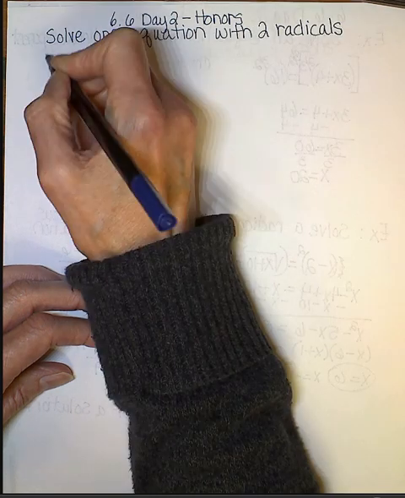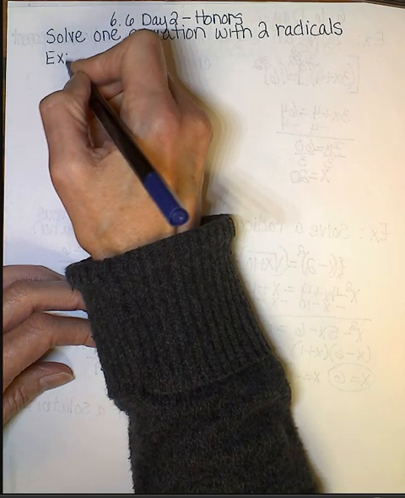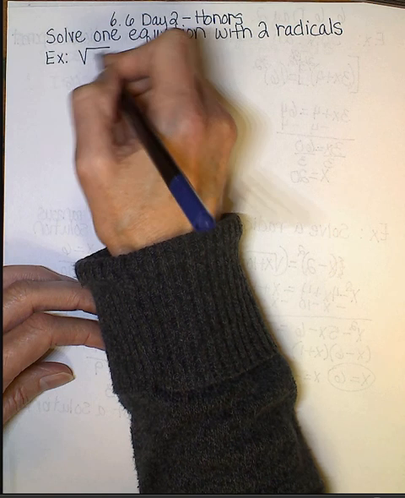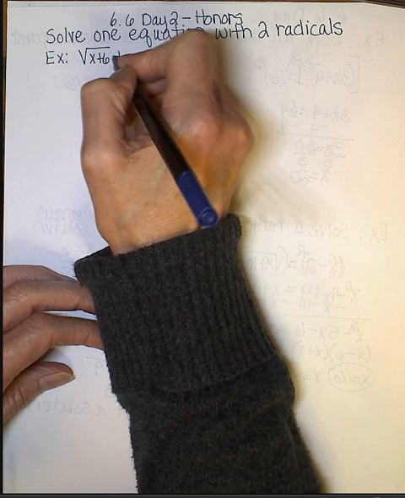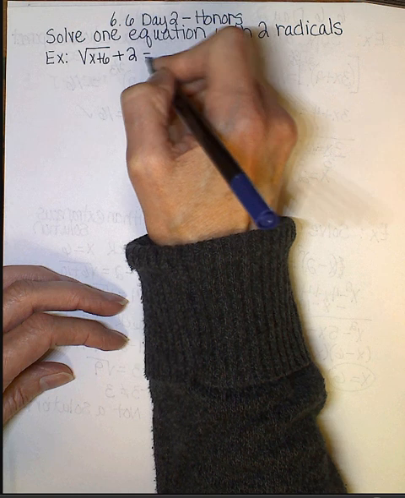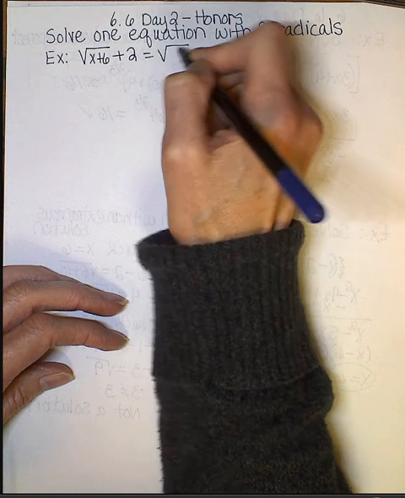So it would start out looking like this. I have one radical here, and then on the other side of the equal sign I have another radical.